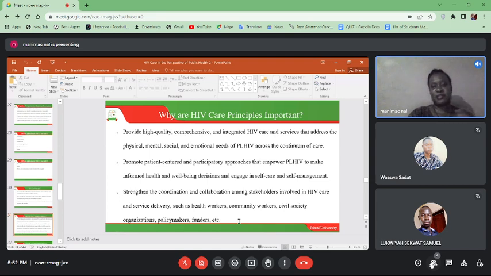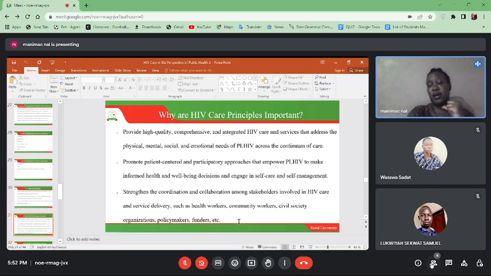I believe this aspect of self-management is very important to people who are positive, because they need to know this is not the end of the world. They are going to be living with the condition for the rest of their lives. Some people, when told to go to hospital, feel like they are already sick. So we need to let the patients participate so that they make their own decisions and get involved in taking care of themselves.